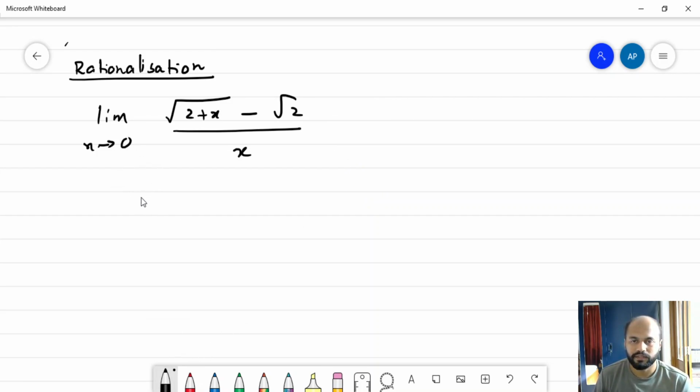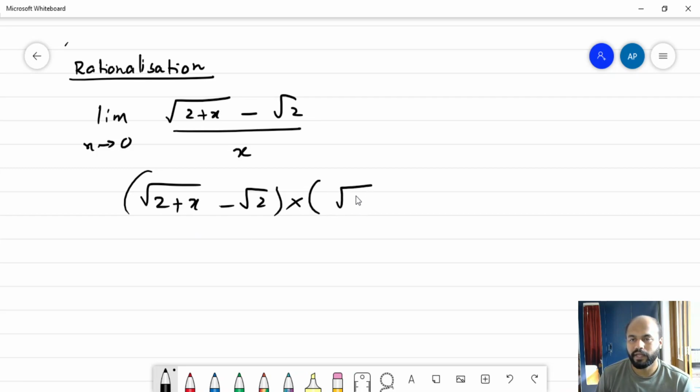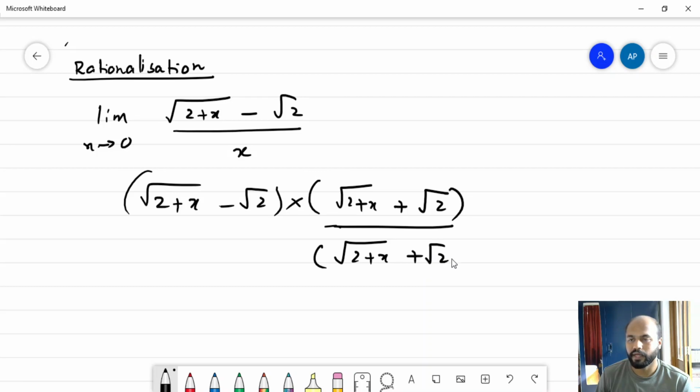So the first thing we do is rationalization. Now in order to rationalize, we will multiply and divide by a term which is exactly the positive of this. So multiply and divide by this term divided by x. If we do that, then what happens?